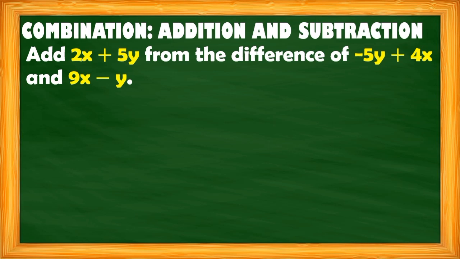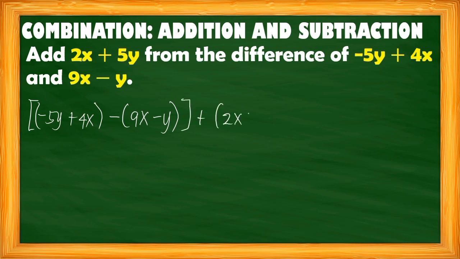So, sulat natin as negative 5y plus 4x and then minus 9x minus y plus 2x plus 5y.